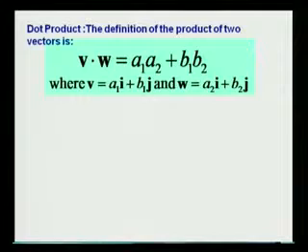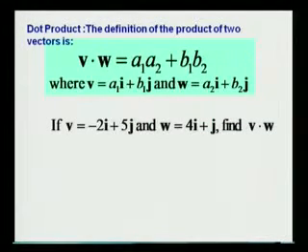Here note that v and w are vectors, but v dot w is not a vector, it is a scalar. So the dot product of any two vectors is a scalar. By this method we can find the dot product of any two vectors v and w.